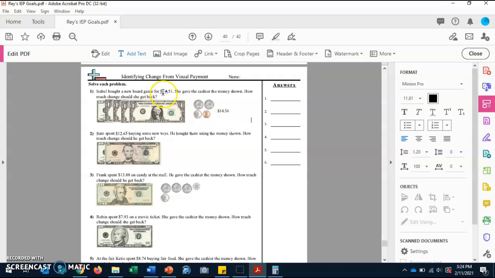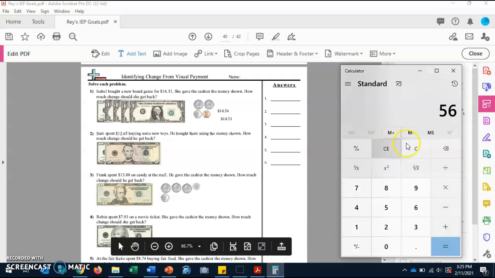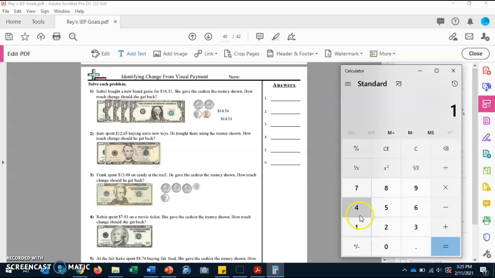However, her new board game was $14 and 51 cents. So we need to find out how much change she got back. So in order to do that, we are going to subtract these 2 totals to find out how much change she got back.